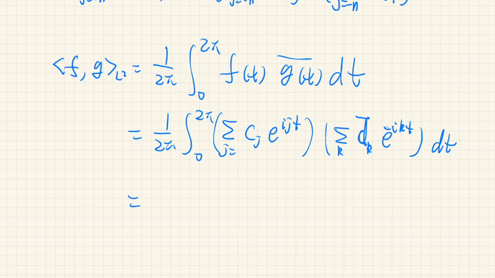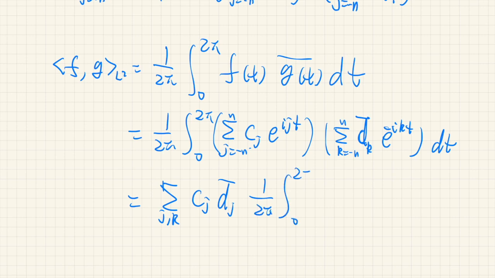Here, the summations over j and k are both finite, so we can put them outside of the integral. So let's put j, k here and 1 over 2 pi. Oh, wait a minute. So we can put these coefficients out: Cj Dk bar, and the integral of e to the i (j minus k) t dt.